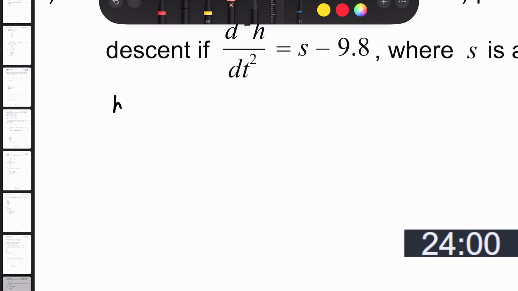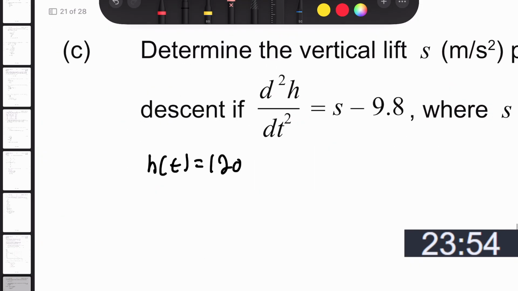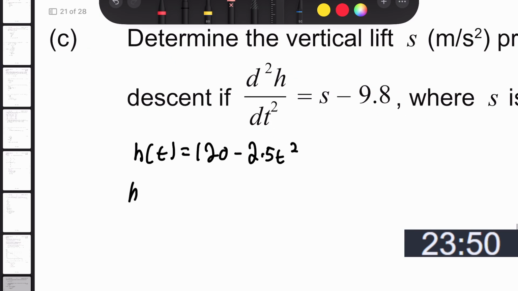So let's say h of t is 120 minus 2.5t squared.